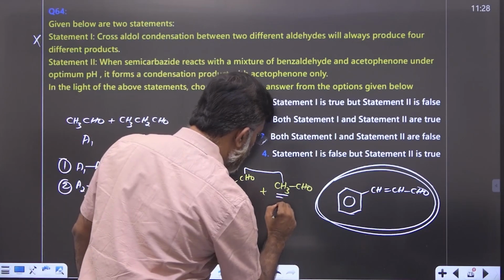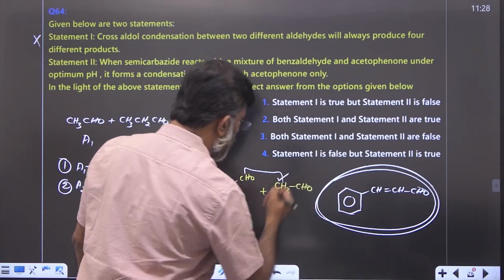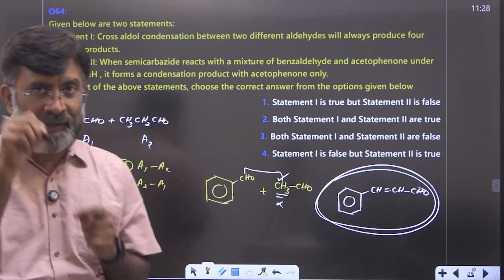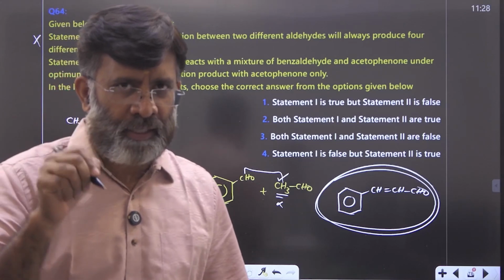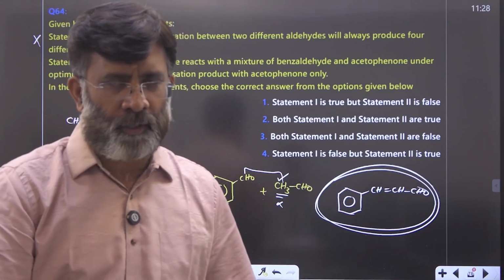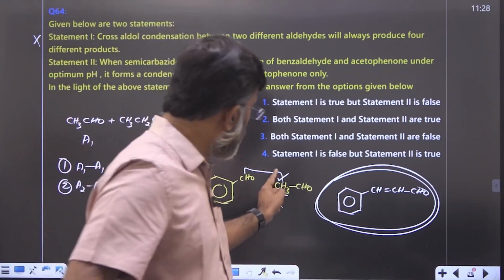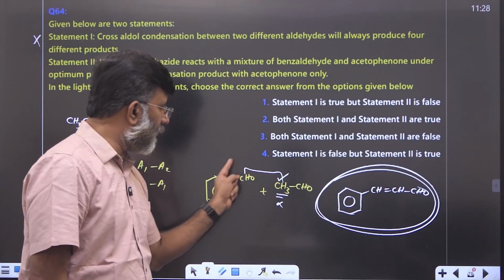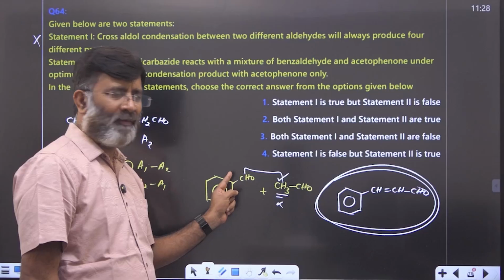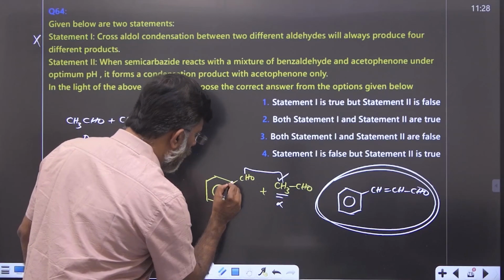This is the one and only aldol product we get by cross aldol condensation, because this only contains alpha hydrogen. Alpha hydrogen is acidic in nature, and that acidic nature of alpha hydrogen triggers the aldol reaction. So only here you have alpha hydrogen, and this can form a carbanion and attack this. While here there is no alpha hydrogen.